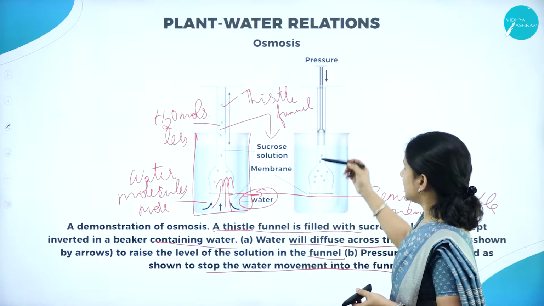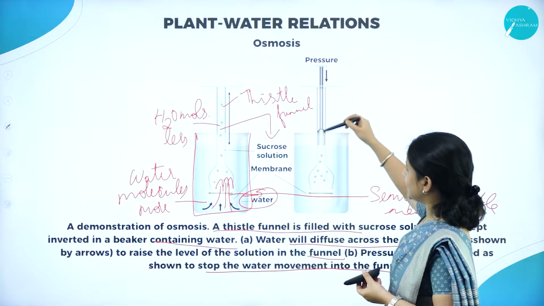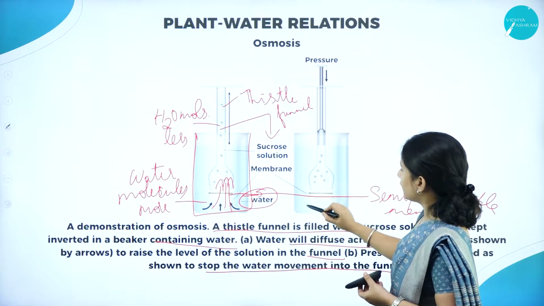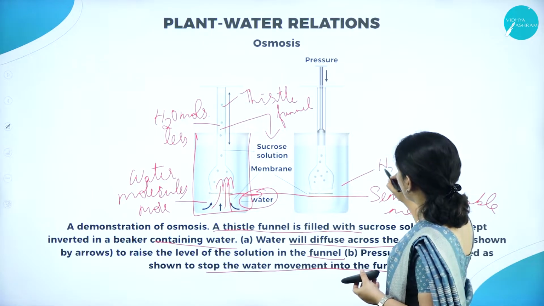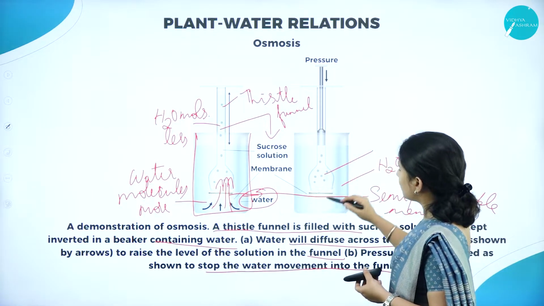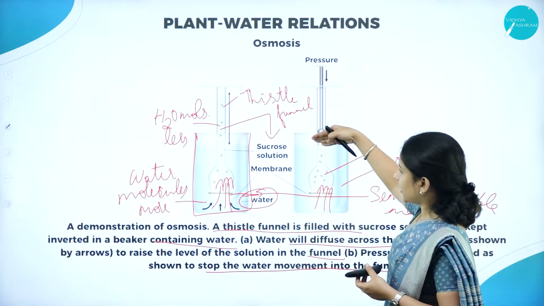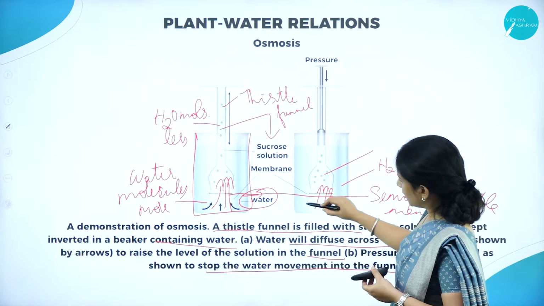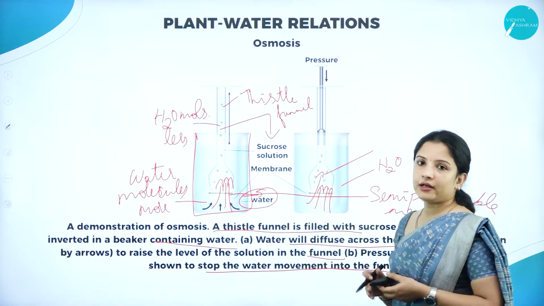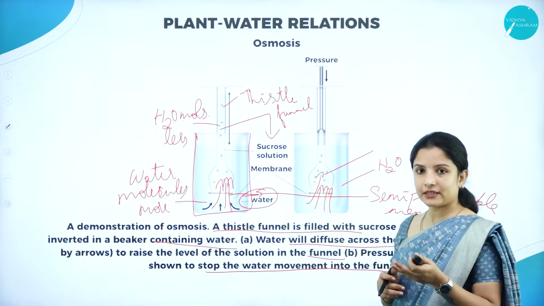Here you can see, when pressure was applied from the top through the Thistle funnel, the movement of water stopped. Again, here water molecules are more, here it is less, right? So water should have moved here. But because of the pressure that was applied here, the movement of water from the beaker to the funnel had completely stopped. So that is the experiment they had conducted.